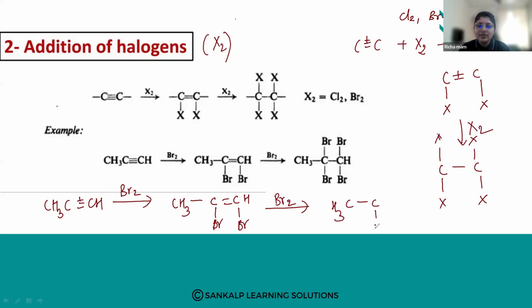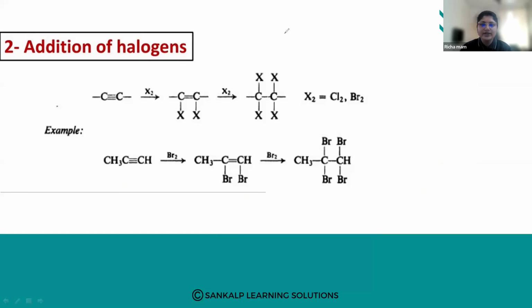Rest all will remain the same. Only this bond will get cleaved, so across the double bond, addition of halogen takes place.